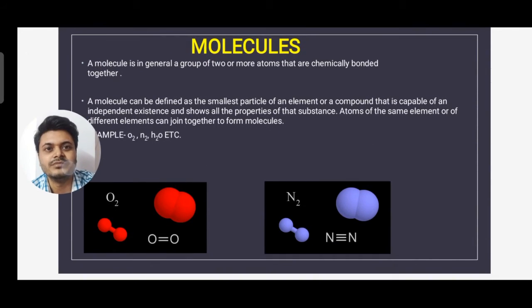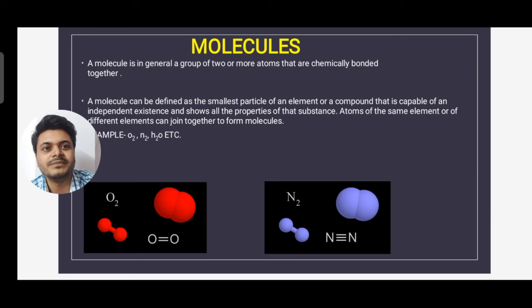Now next is molecule. A molecule in general is a group of two or more atoms that are chemically bonded together.